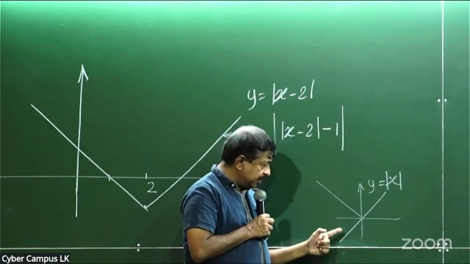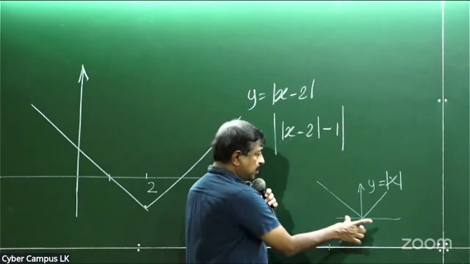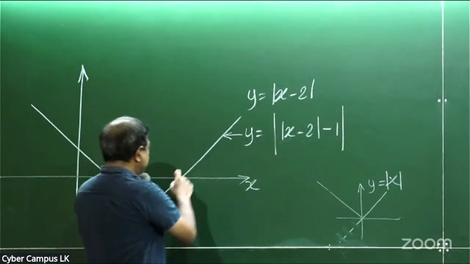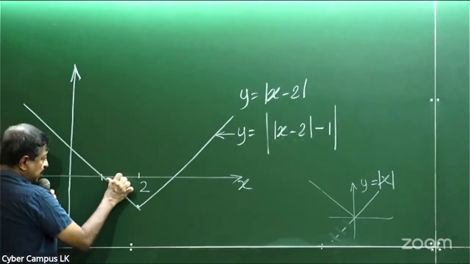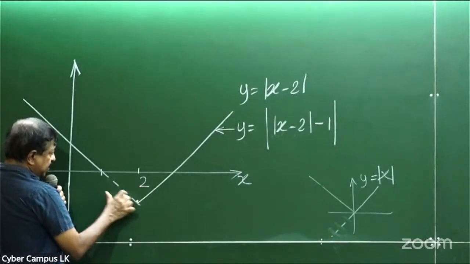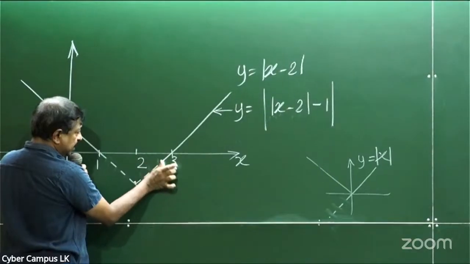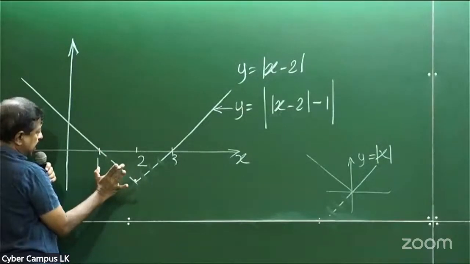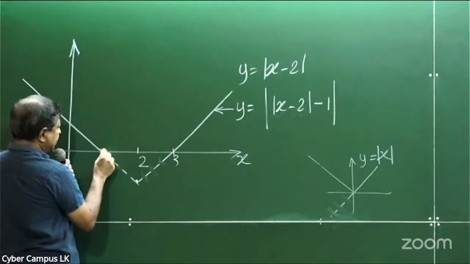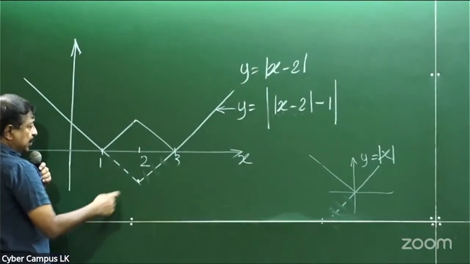But if the function is negative, you have to take the mirror image of that. The case is the same in this particular part. Here, in this interval, like 1 to 3, this function is negative. Therefore, you have to take the mirror image of this part only. Leave the other two parts as they are, and you get this. When you take the mirror image, this will be 1.